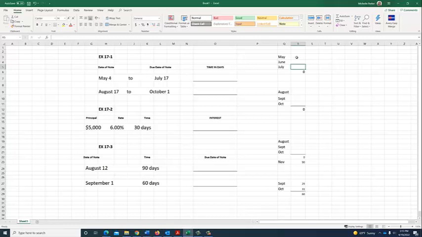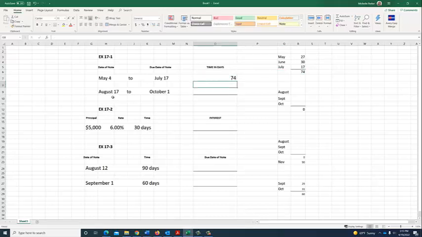May has 31 days, and of those 31, 4 have already passed. So 31 minus 4 is 27 days. The next month is June. It has 30 days. And then we go to July 17th. So I'll put in the 17, and that gives me 74 days when I add up these days.